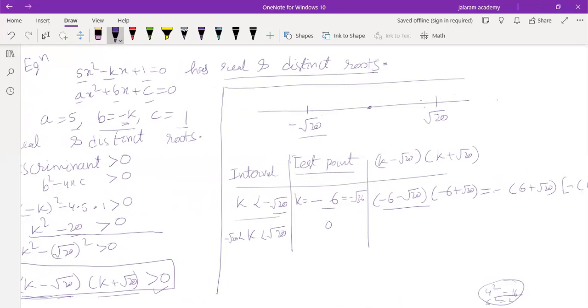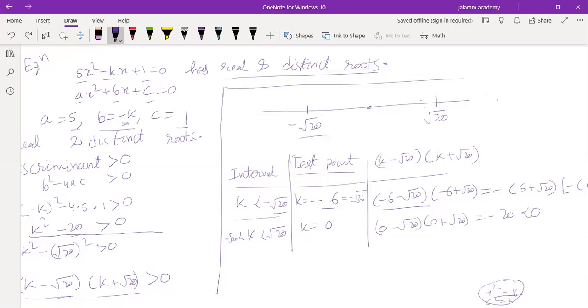So if we use k equals 0 as a test point, 0 minus root 20 into 0 plus root 20 gives the product as minus 20, which is less than 0. But it must be greater than 0 according to our inequation. So this is not the proper point, which means k will not lie between minus root 20 and plus root 20.